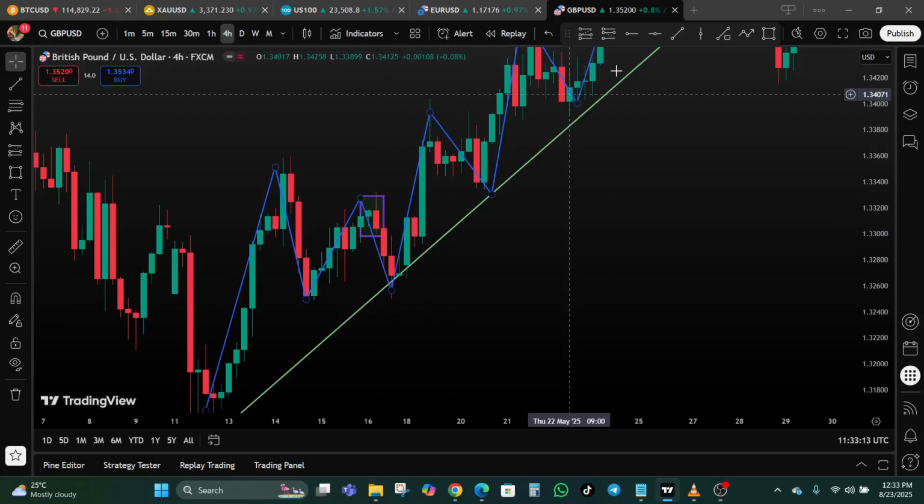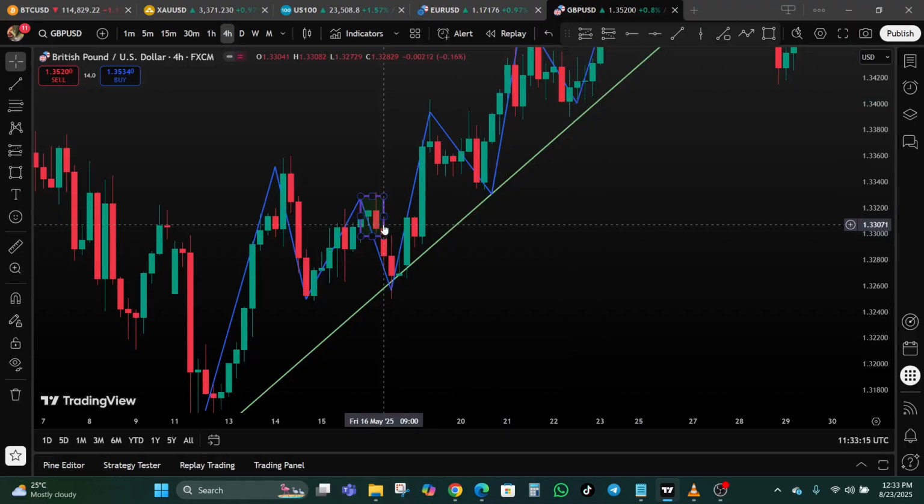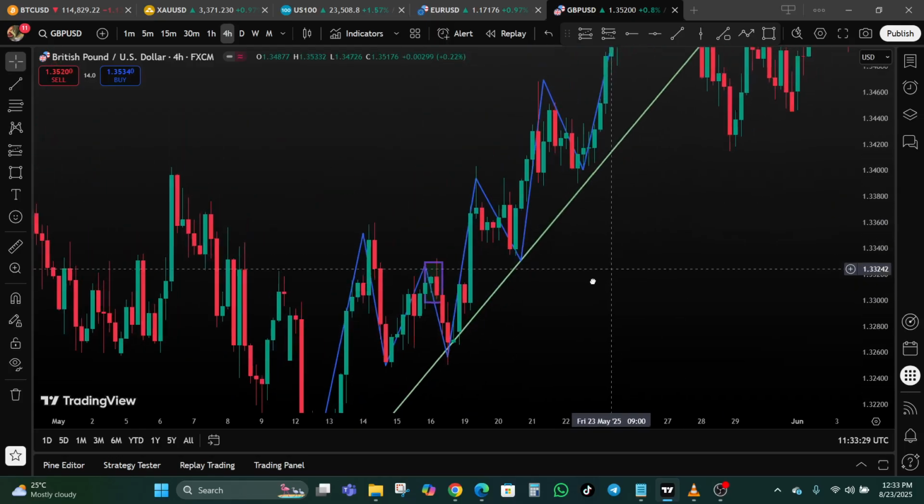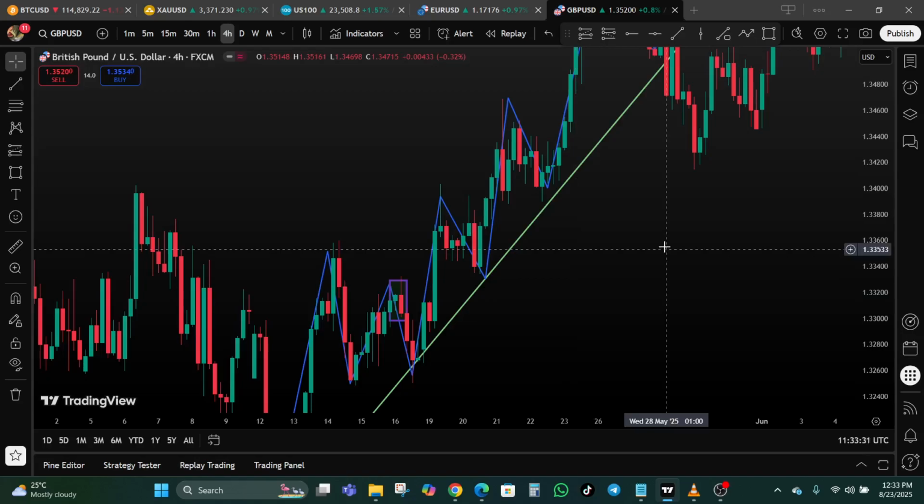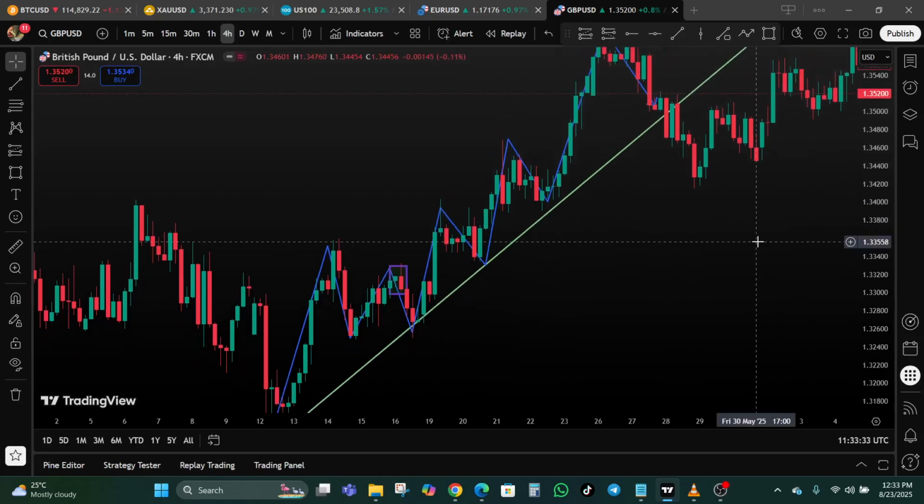So you can just quickly scalp the move from here to here. You can go to a lower time frame and look out for a change of character, until you get a bullish confirmation, and then you quickly exit that sell trade. So basically it's a short-term trade. These are short-term trades when you're trading against the trend.